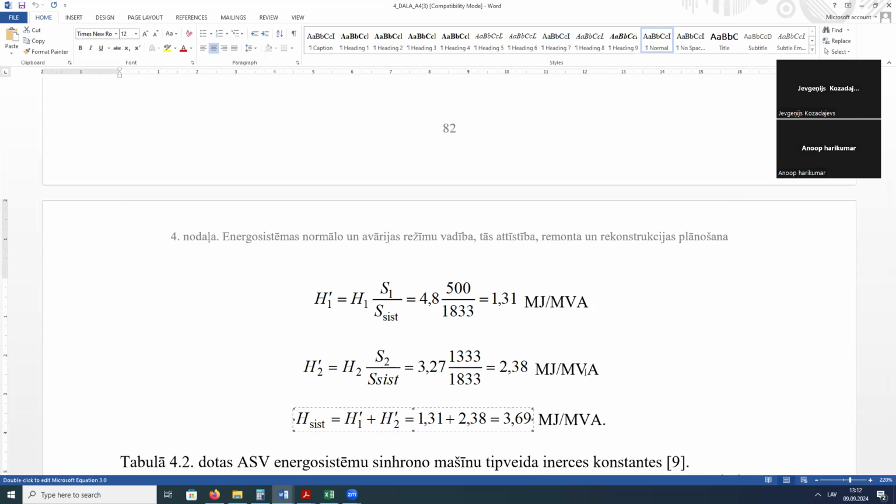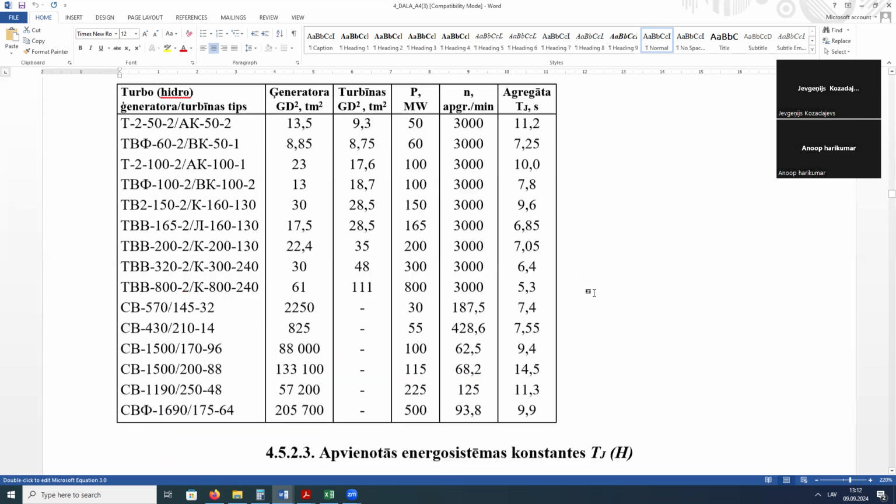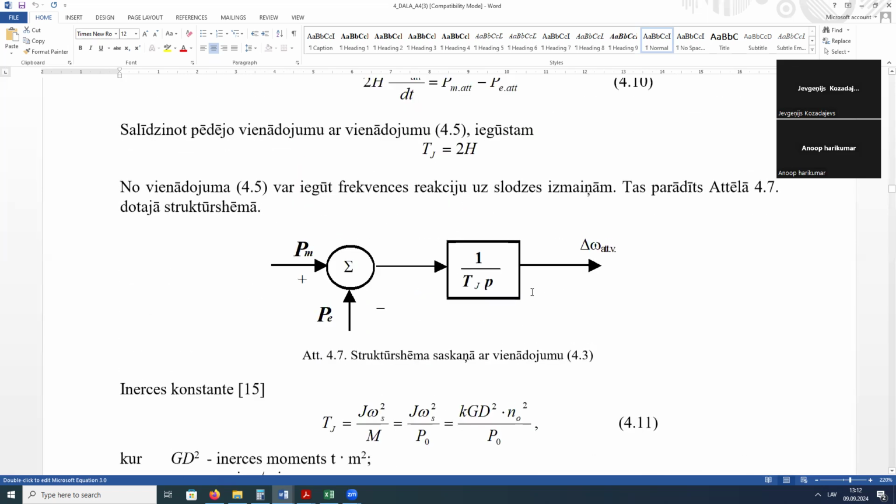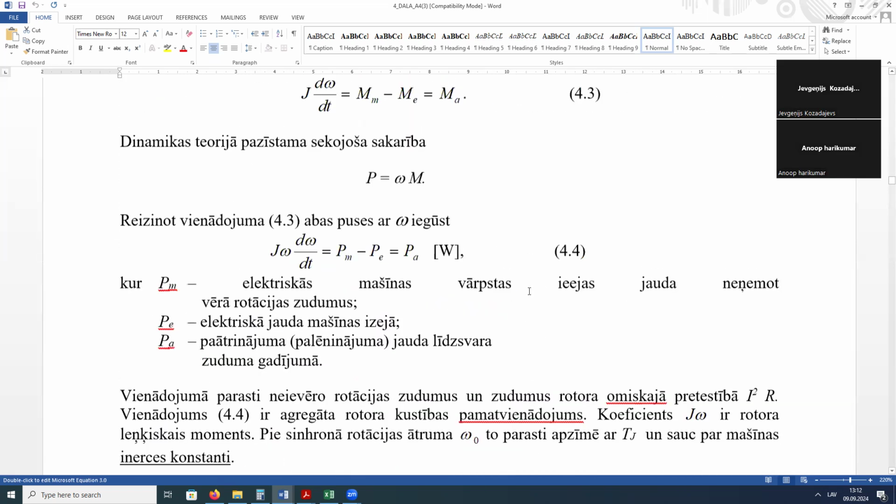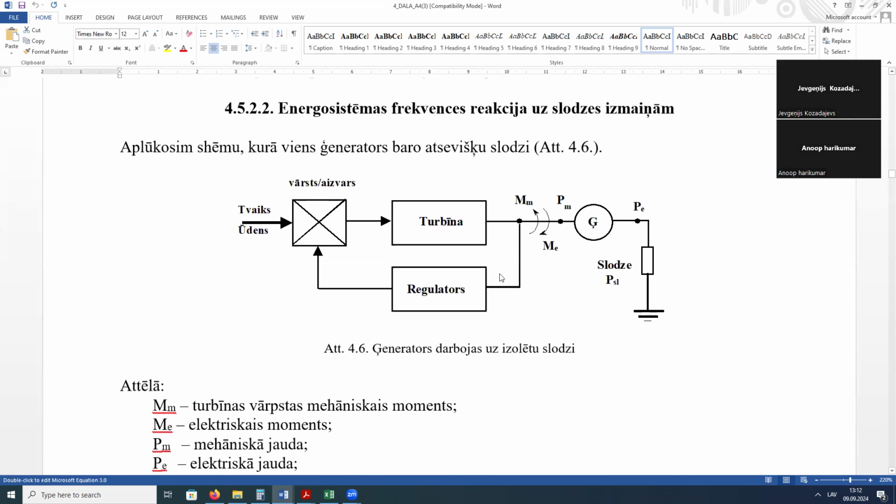If we have a power system with hundreds of generators, we need to calculate this inertia, and this value will show us, of course, we need to make a model, maybe as simplified as it is here.